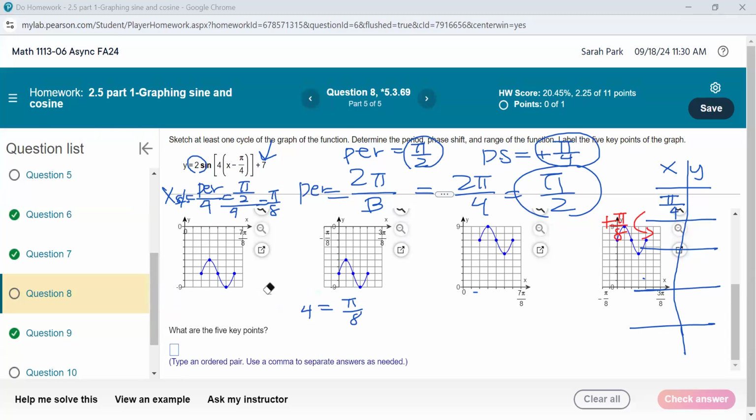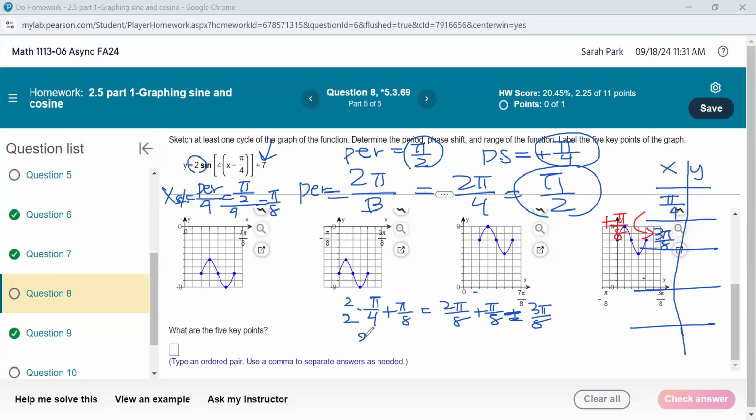Okay, so I need to do that now. So pi over 4 plus pi over 8. I'm going to make this into 8s. So 2 pi over 8 plus pi over 8 equals 3 pi over 8.